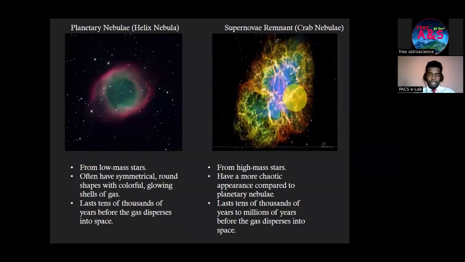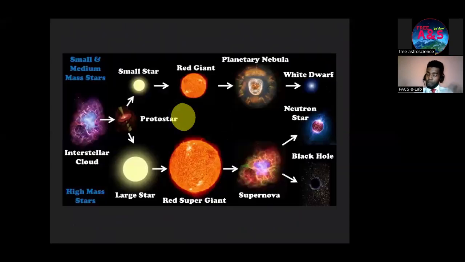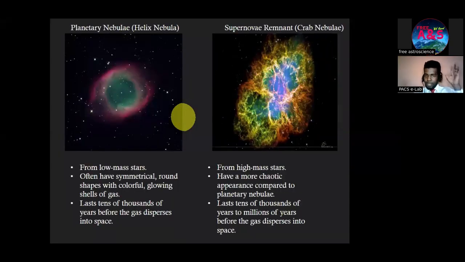So here is the diagram of them side by side. This is a planetary nebula, the Helix, and here is a supernova remnant, the Crab Nebula. I want you to see the difference between the two of them. Planetary nebulae form from low mass stars, but supernova remnants form from high mass stars.